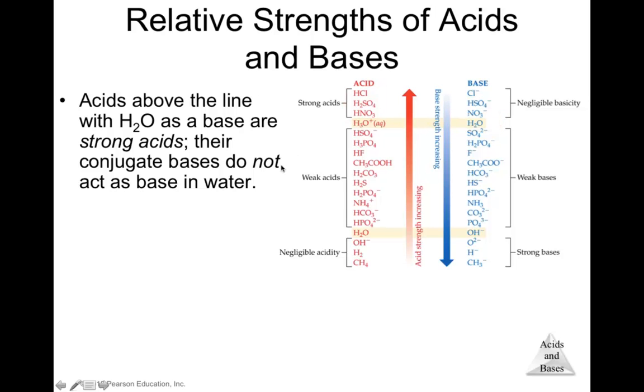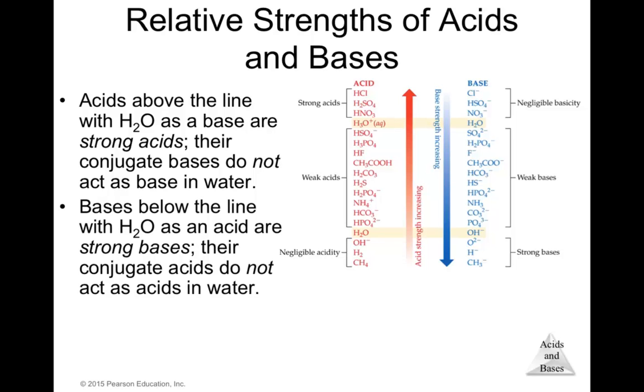Now, also, bases below the line with water as an acid, here we have strong bases. So bases below this line are strong bases. And their conjugate acids, these are the bases, and these are the conjugate acids, do not act as acids in water.